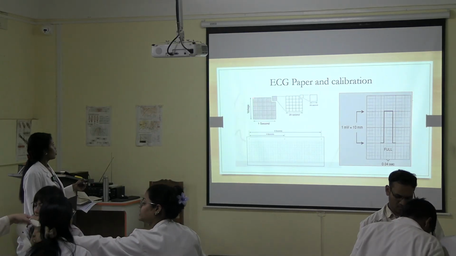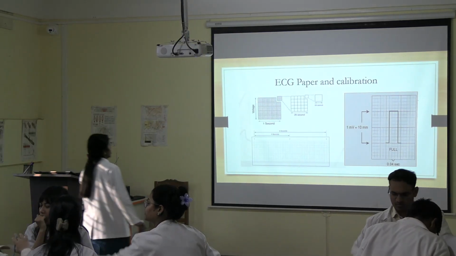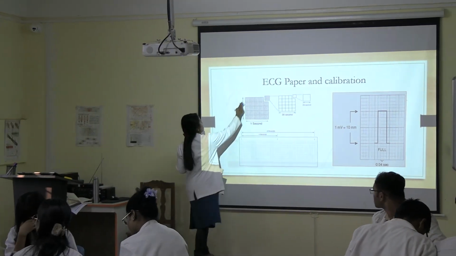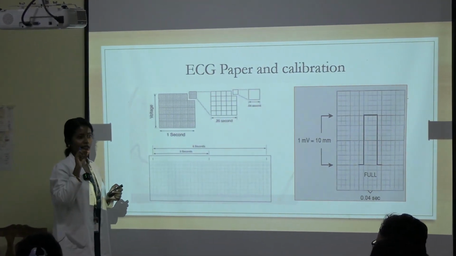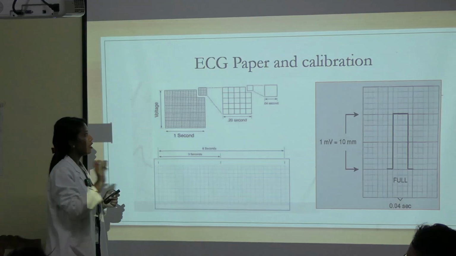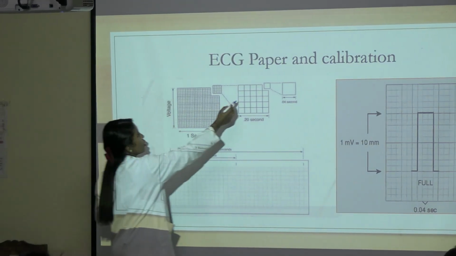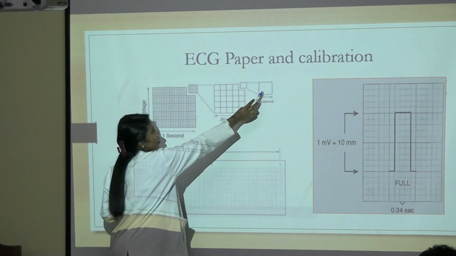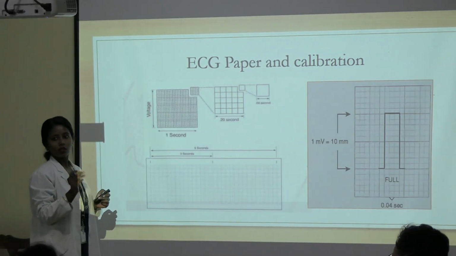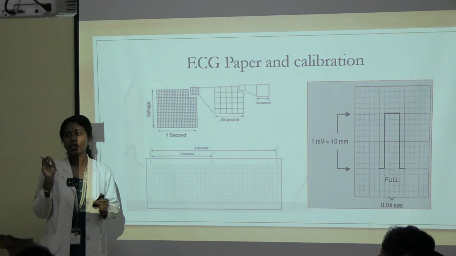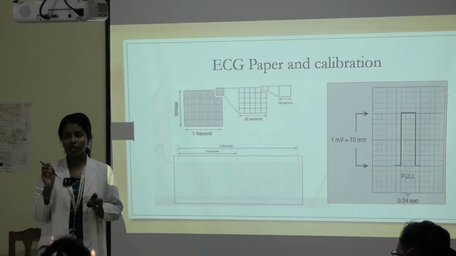From here to here, surrounded by dark lines, that will be one large box. Inside it, if you magnify, that will be your one small box. Okay? Are you clear which one is the small box and which one is the large box?